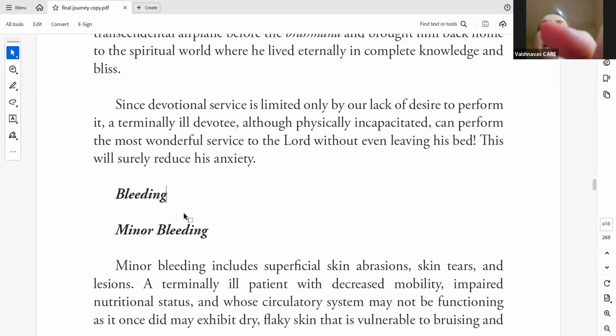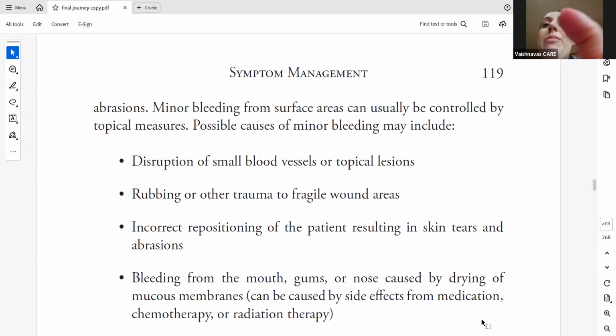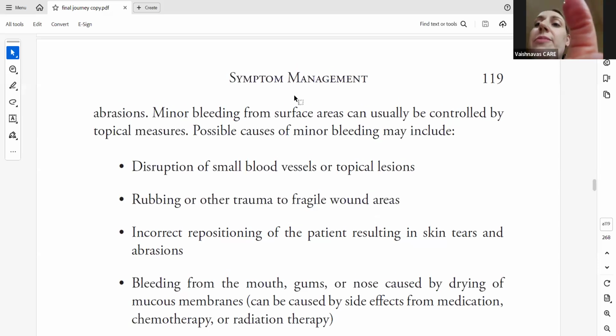Minor bleeding includes superficial skin abrasions, skin tears, and lesions. A terminally ill patient with decreased mobility, impaired nutritional status, and whose circulatory system may not be functioning as it once did may exhibit dry, flaky skin that is vulnerable to bruising and abrasions. Minor bleeding from surface areas can usually be controlled by topical measures.